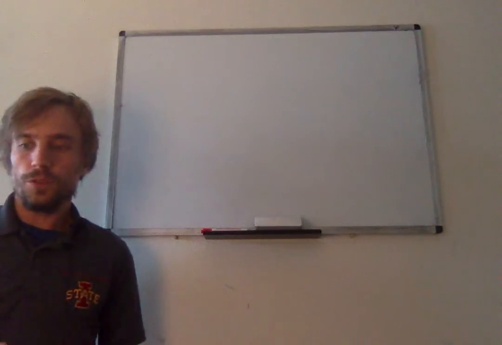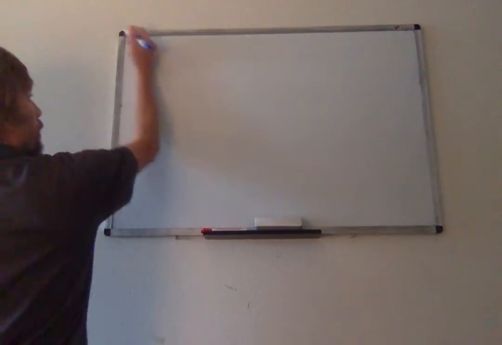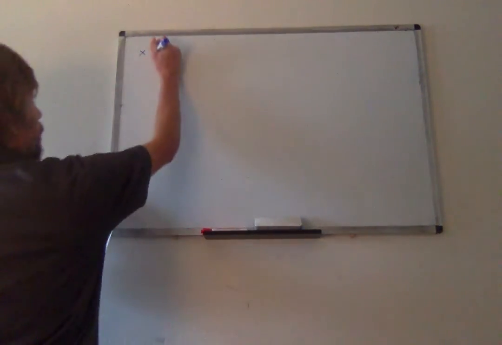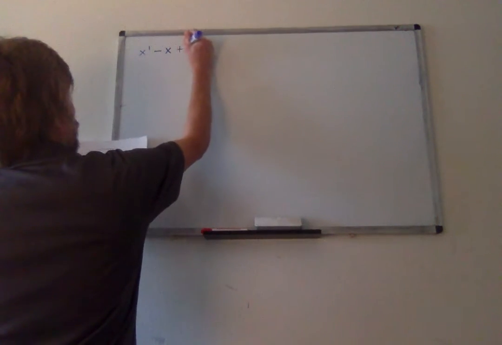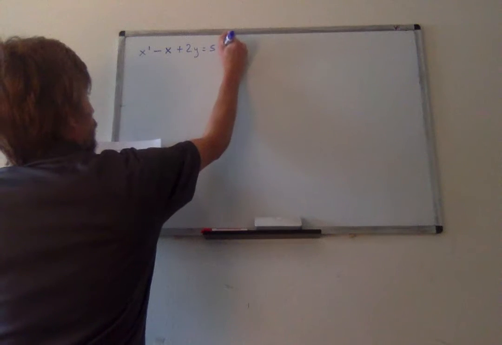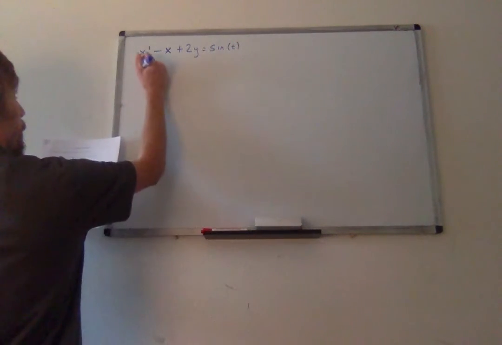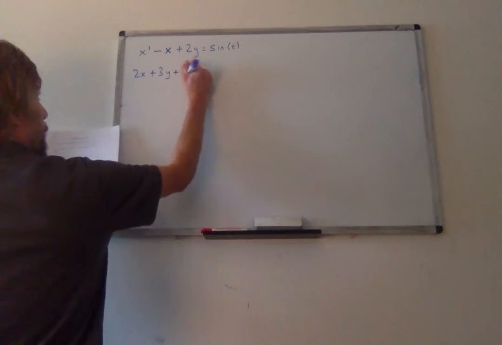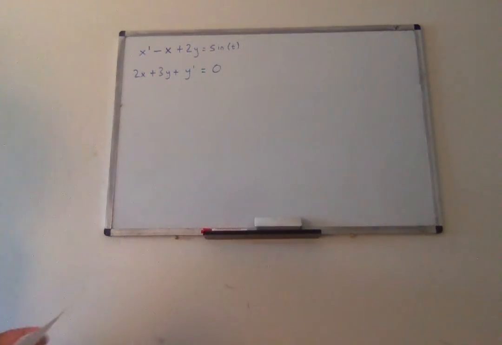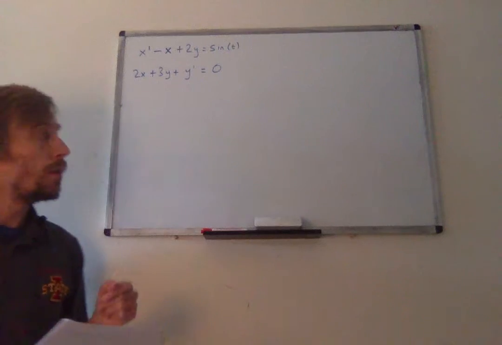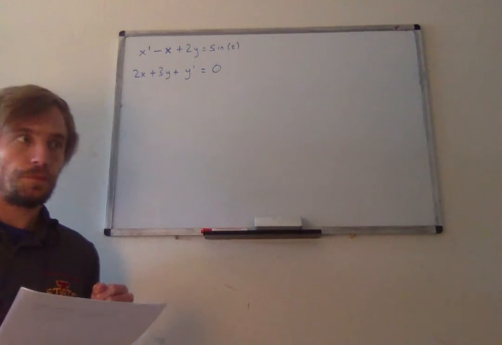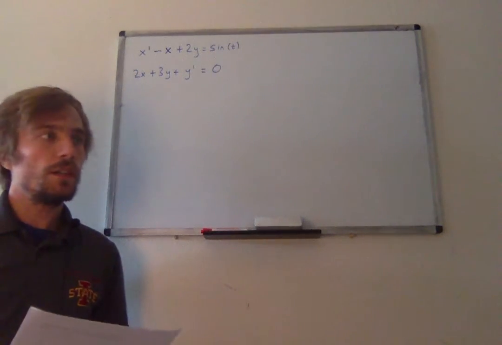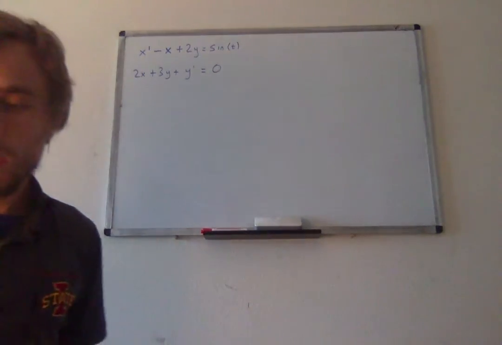So why these are sometimes useful is if we have a system that looks like this, we can rewrite this system using differential operator notation. And as we'll see, if we've got a system that looks like the general form we're about to find, we can learn a lot from that.